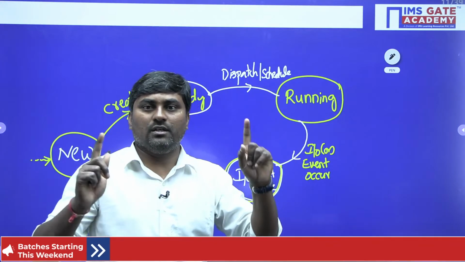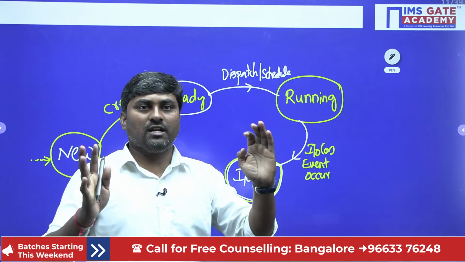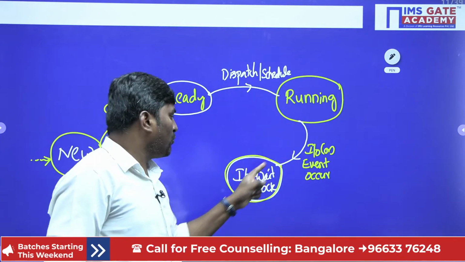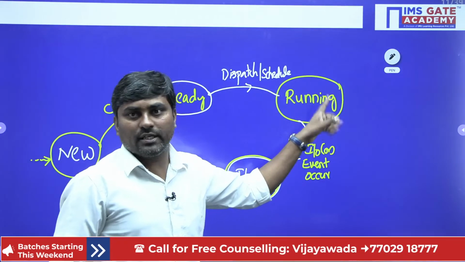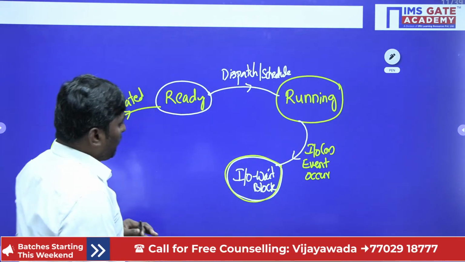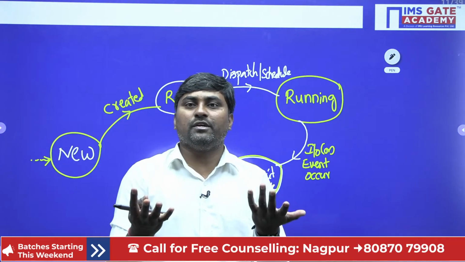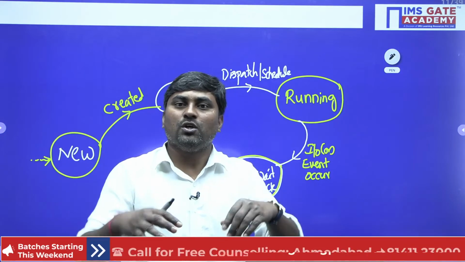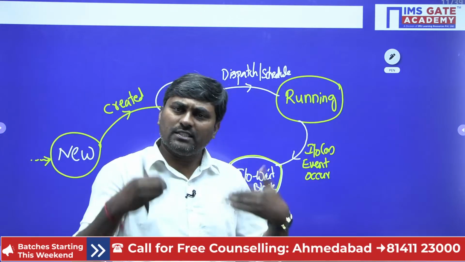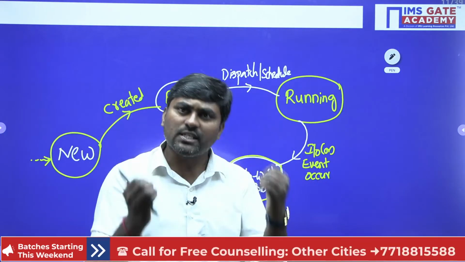I hope this is clear. Running process moves for IO, another process can be scheduled and run, fine. Now suppose the process is waiting for a device to become available, and the IO activity is over, or the event it was waiting for is satisfied.